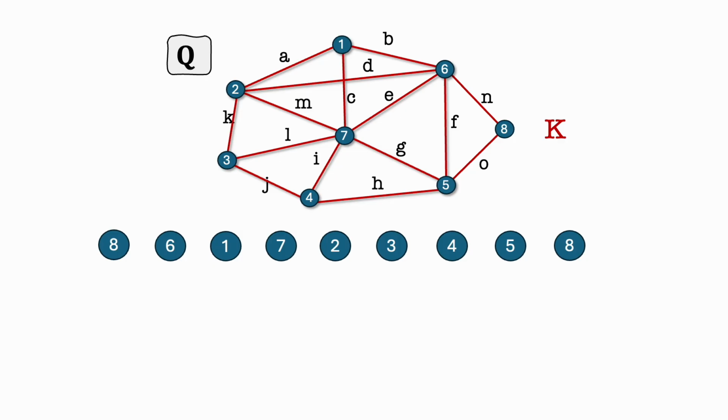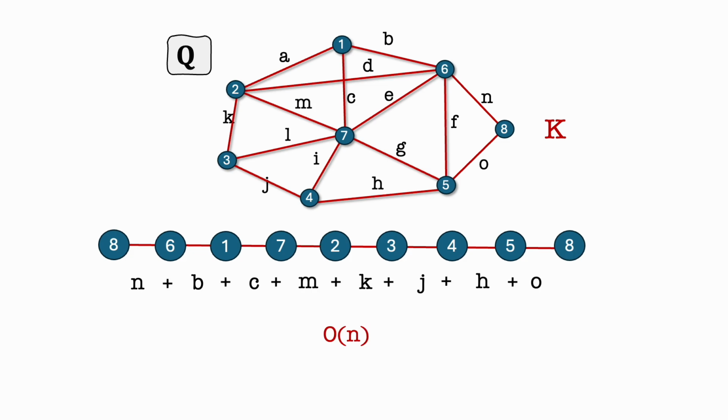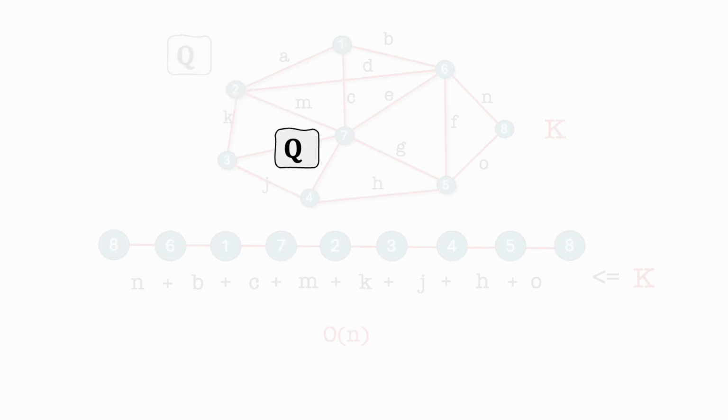To verify it, we calculate the distance between each consecutive pair of locations in the list, and then sum these distances. This calculation takes order of n time. Next, we check whether this total distance is less than or equal to k, which takes constant time in the usual computational model. Since all these steps run in polynomial time, the verification process is efficient. Therefore, our decision problem Q belongs to the NP class.